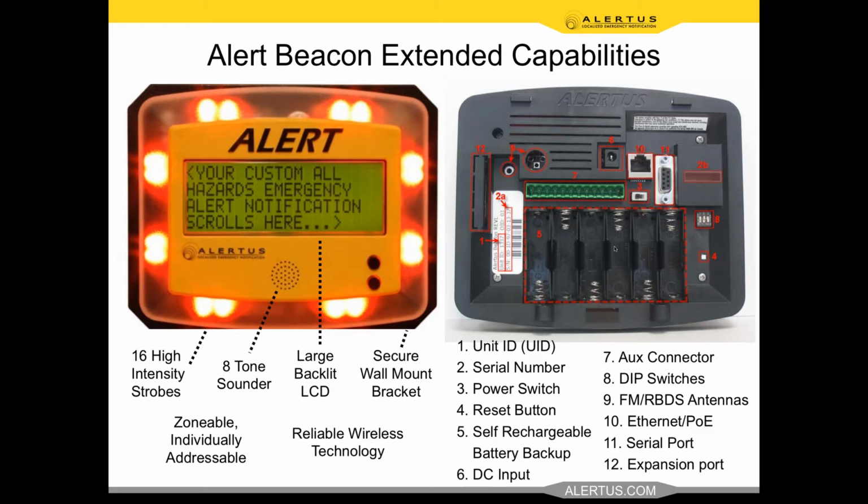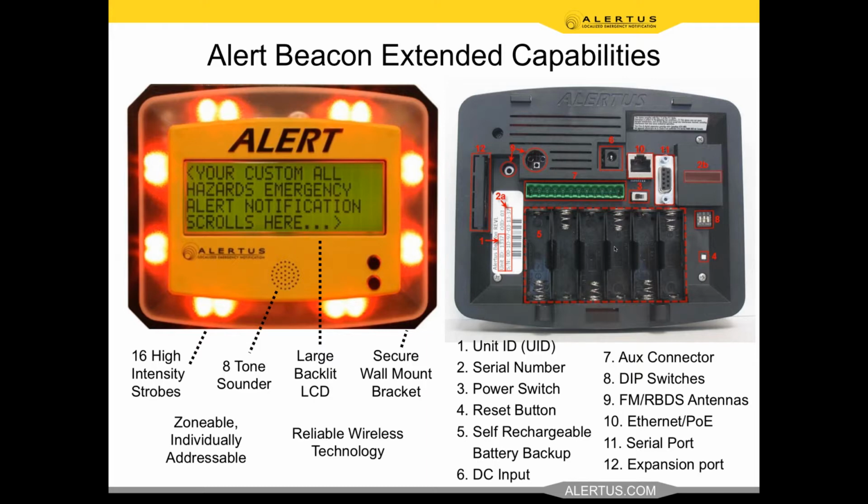If you've got a Wi-Fi connected or wireless connected beacon, we suggest adding the rechargeable batteries to provide 12 to 24 hours of backup so that you can still get that message to the beacon and it'll still function even in a power outage. There's ports like the Ethernet port for your PoE to power and communicate with the device.